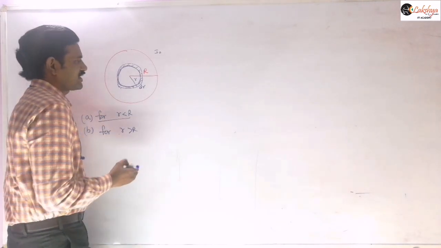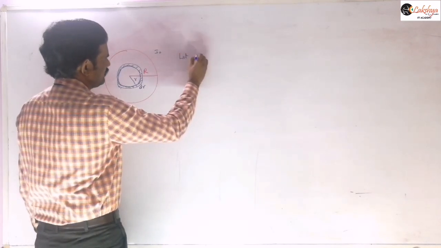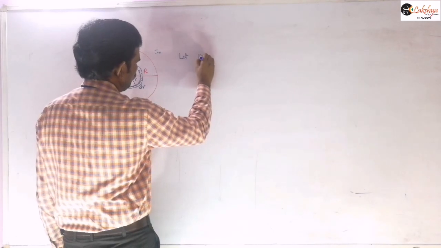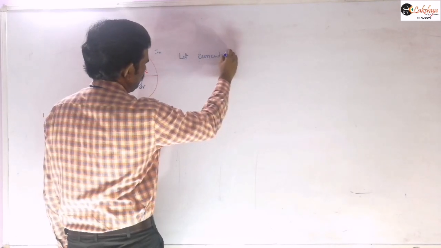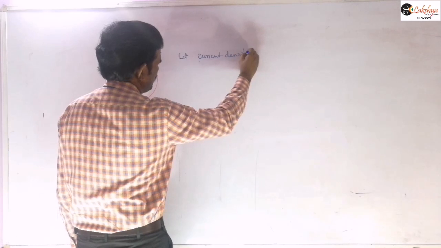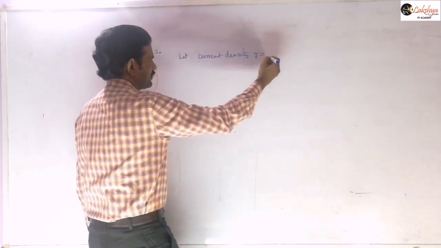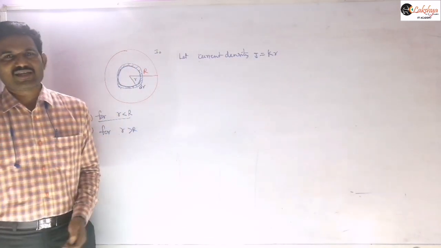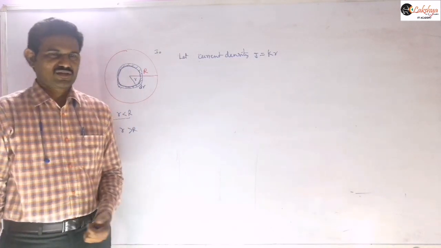So for that, let J, our current density, be equal to some K into r. Proportionality is given there, so K is some proportionality constant I am assuming here.